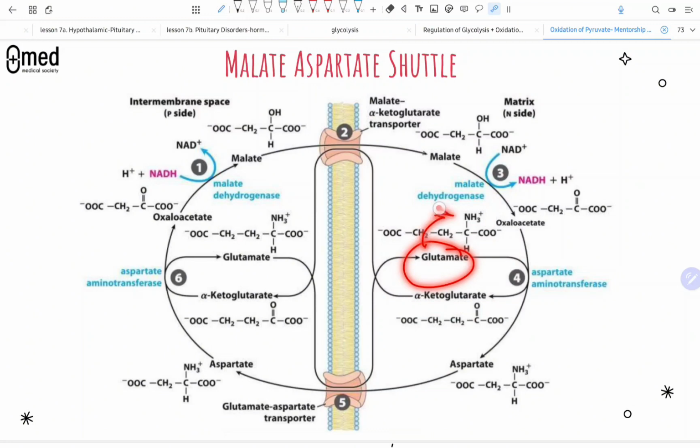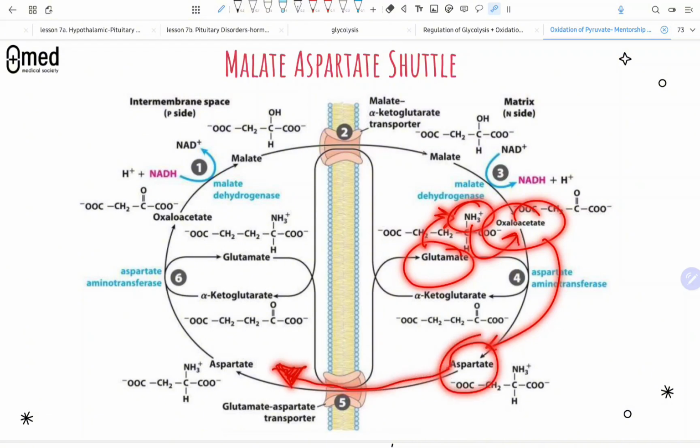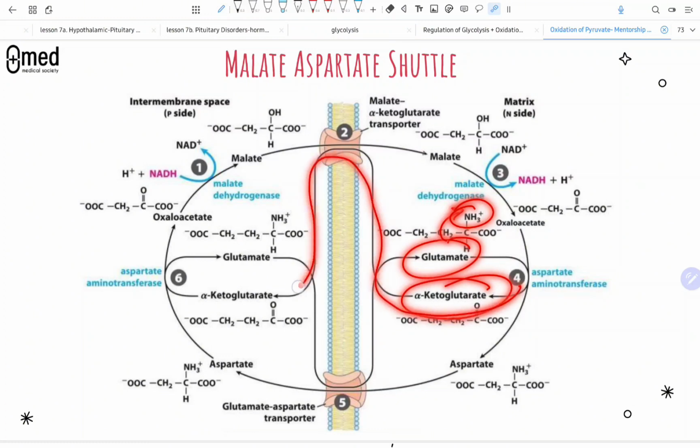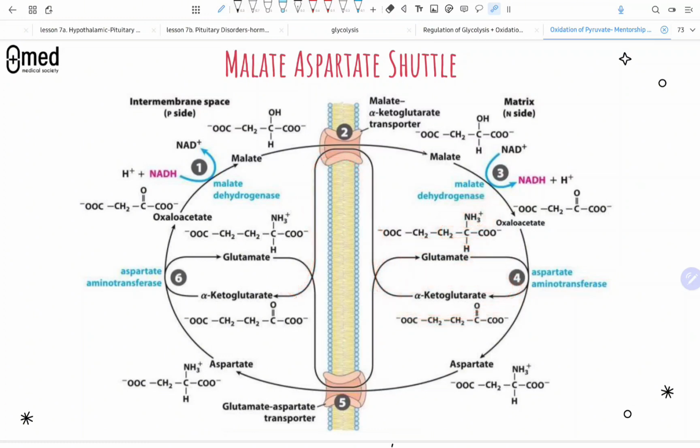Glutamate donates NH3 plus to oxaloacetate. Oxaloacetate now becomes aspartate, which can easily diffuse out of the mitochondria. As for glutamate, since it donated NH3 plus, it becomes alpha-ketoglutarate, which leaves the mitochondria right here because it wants its amine group back, okay?